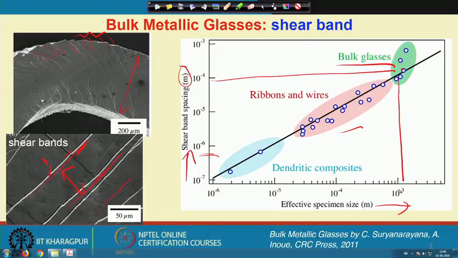So the bigger the specimen size, the bigger the spacing between the shear bands where strains are localized.